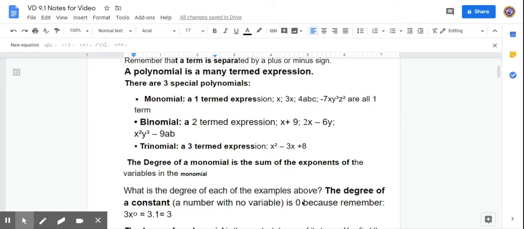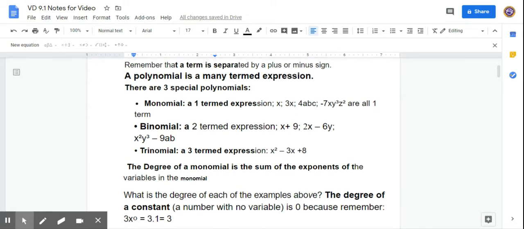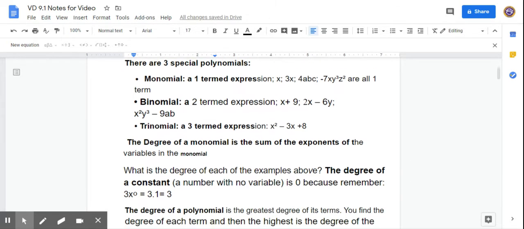In the next monomial that I gave you, -7xy cubed z squared, you will see x has an exponent of 1. You have y has an exponent of 3, and z has an exponent of 2. So when you add 1 plus 3 plus 2, you get 6. So -7xy cubed z squared would have a degree of 6. What is the degree of each of the examples above? That's what we just did.